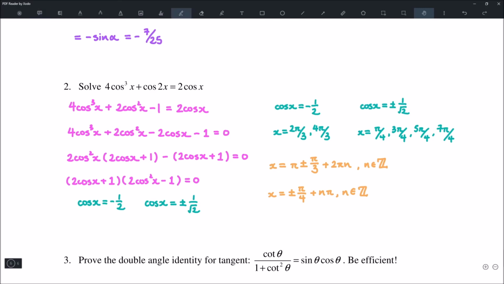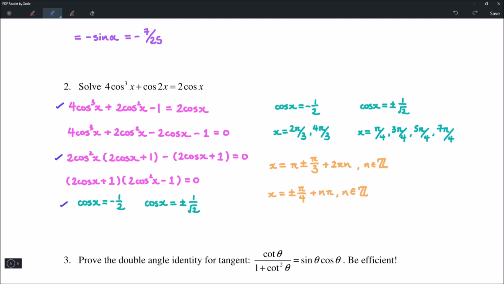So again, we started by using the trigonometric identity in this first step, and then we used what we learned in the simplifying expressions and factoring to factor this trigonometric expression into solvable parts in the last part here.